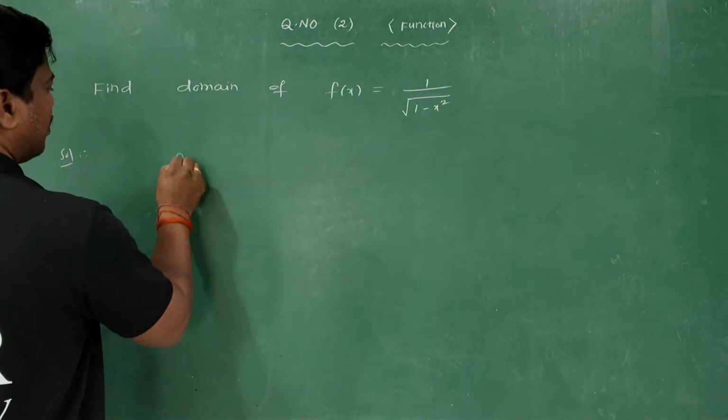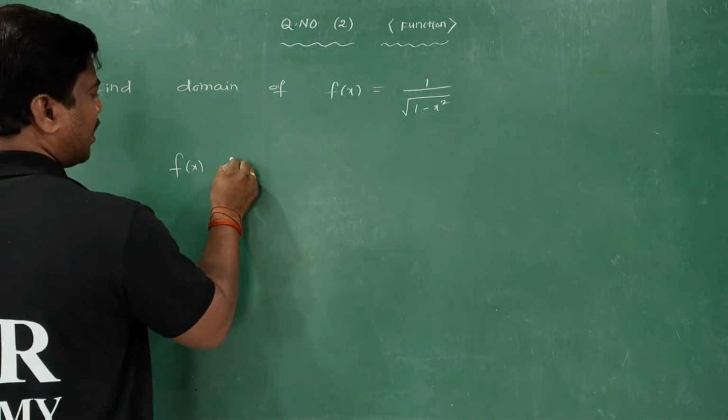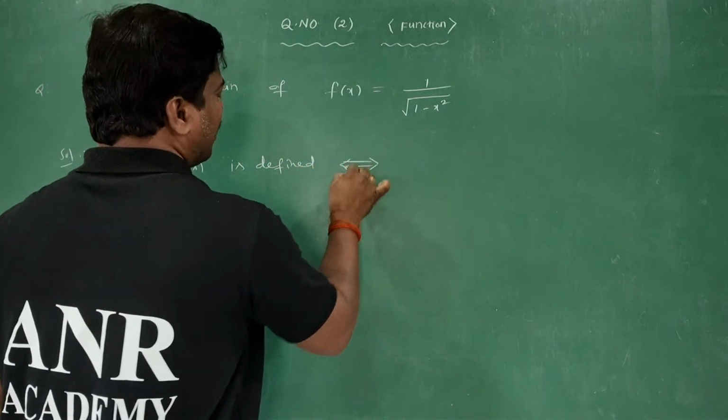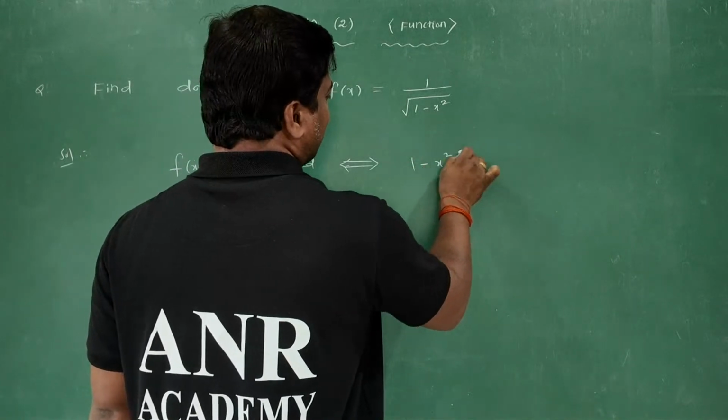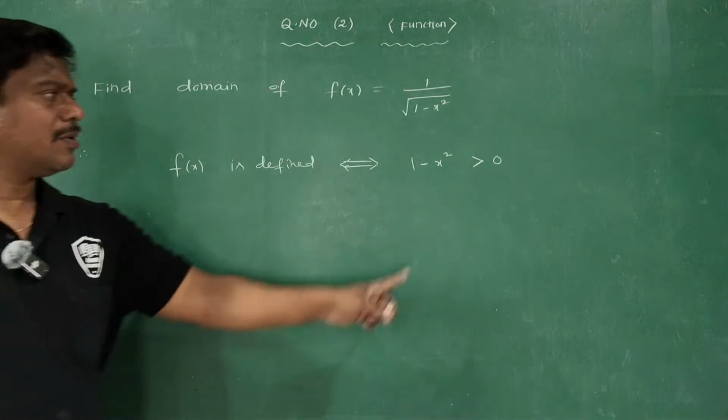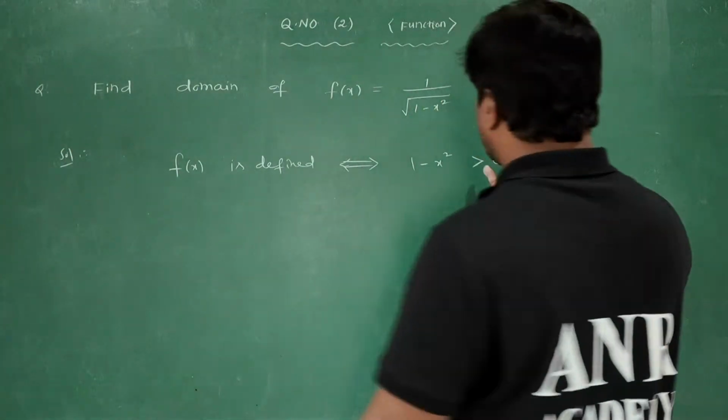See the solution. Here the function f of x is defined if and only if 1 minus x square should be more than 0, not equal to 0, only more than 0.